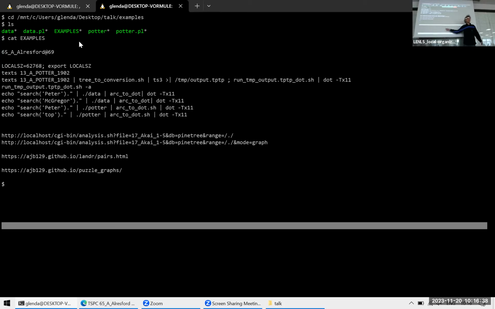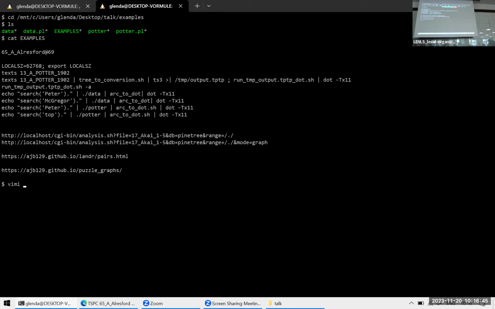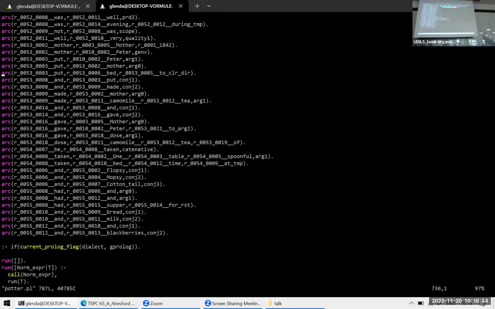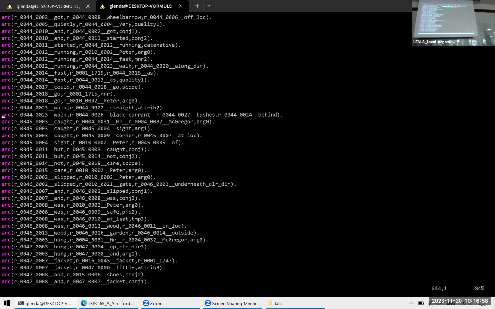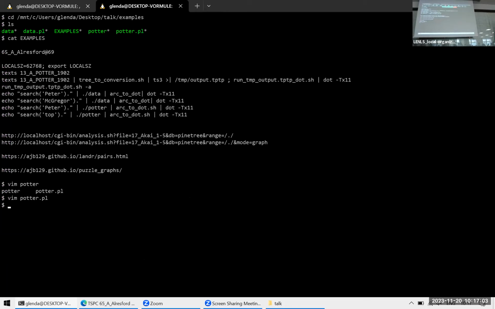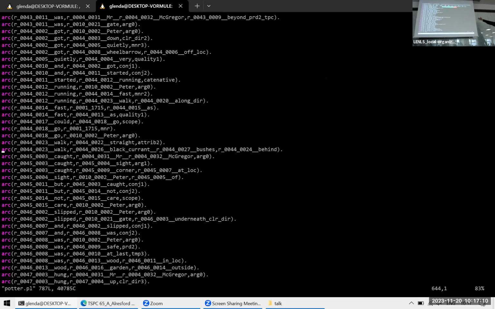We can do the same trick where we collect together all the facts from Peter Rabbit, and that's what's happened in this file here. So these are all the facts extracted from Peter Rabbit. So all the various things that a rabbit did. And now we can query these things because these are just as written here. These are datalog entries.